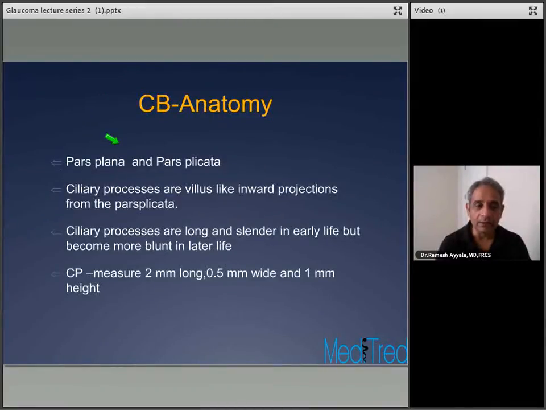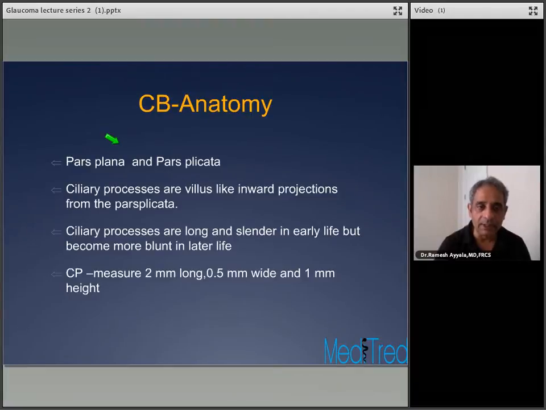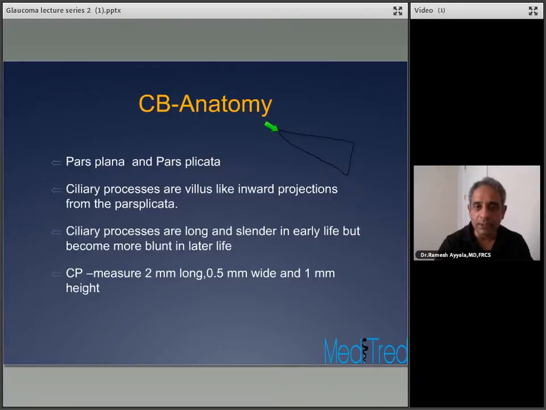Now let's look at the ciliary body anatomy itself. As I mentioned before, the ciliary body is like a triangle in cut section, and so this portion is the one that's facing the angle. This is the portion that you'll see in the angle.